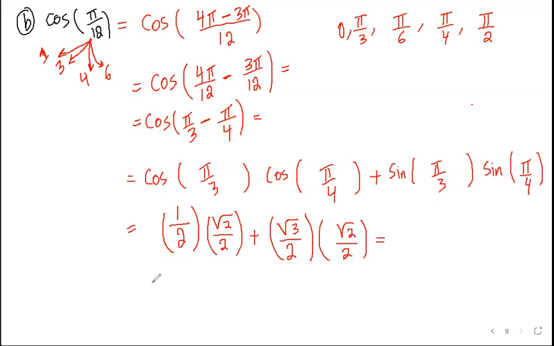Okay, now we have square root of 2 over 4 plus square root of 3 times square root of 2, which is square root of 6 because we multiply inside the square root, over 4. So now I get square root of 2 plus square root of 6 over 4. This is the value for cosine of pi over 12.